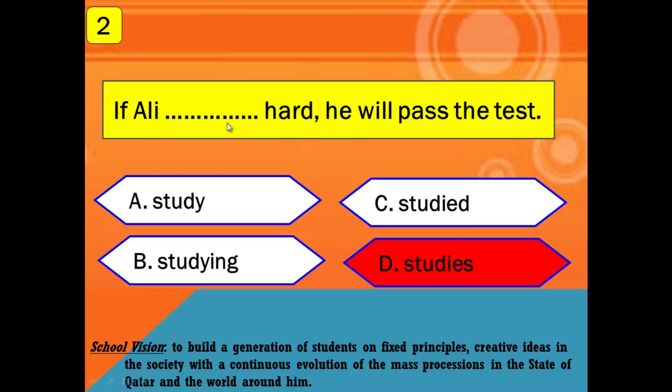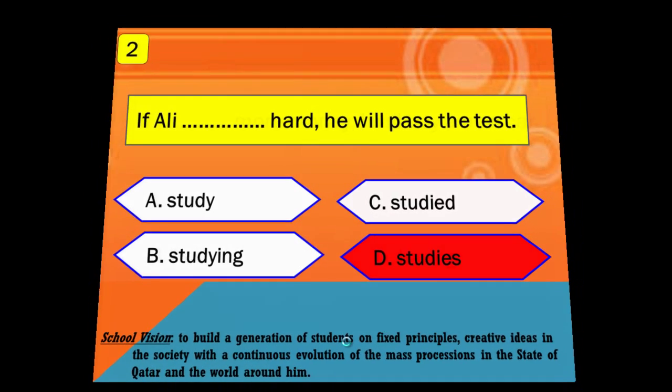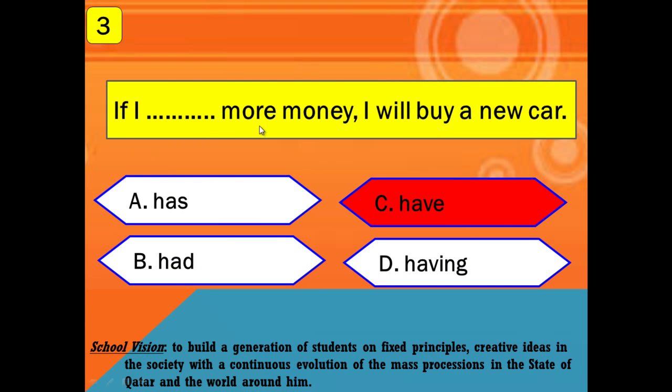So here we want present simple tense. Present simple tense after Ali, the same as the pronoun he. If Ali studies hard. Okay. We can say study if we say here you, they, etc. Number 3, if I have more money, I will buy a new car.